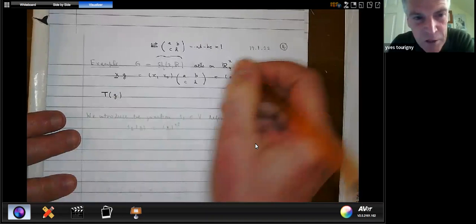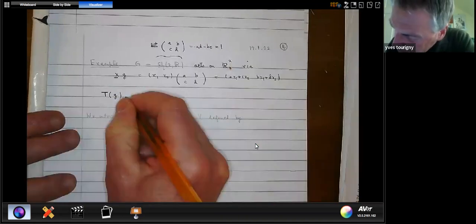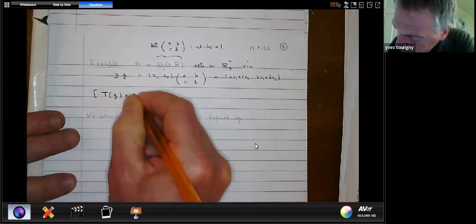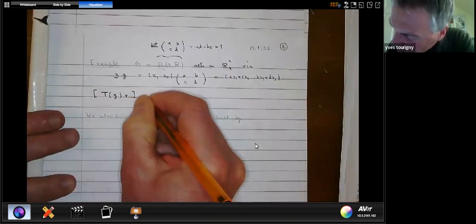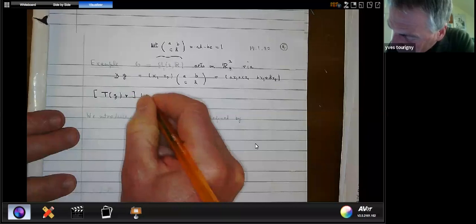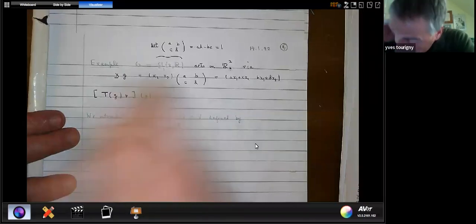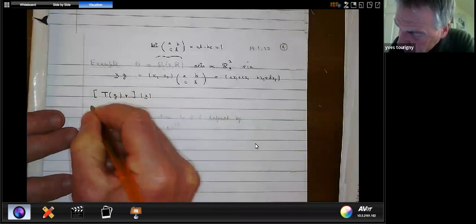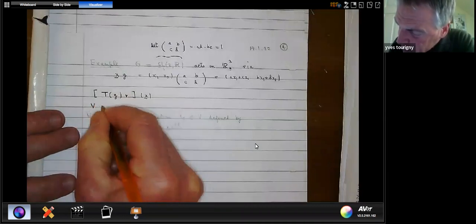So the star is a little bit misleading here, but I'll make that clear in a moment. I'll explain in a moment what my V is. The V will be a vector space of functions actually.